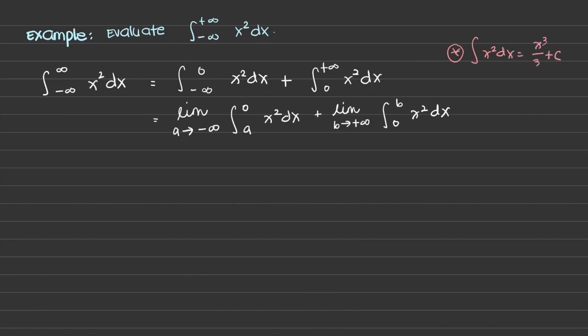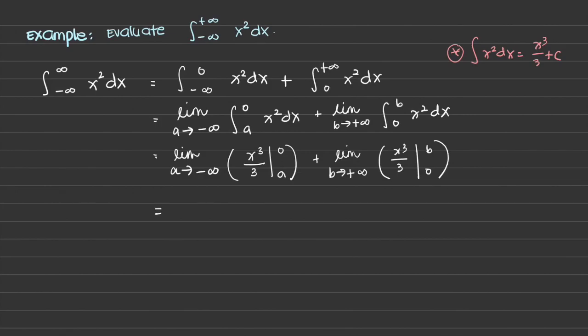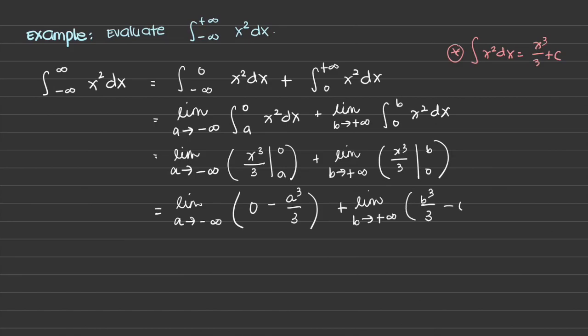So, you first have yung limit as a approaches negative infinity ng x cubed over 3 evaluated from a to 0. And then, plus the limit as b approaches positive infinity ng x cubed over 3, now evaluated from 0 to b. So, you have, first, the limit as a approaches negative infinity ng 0 minus a cubed over 3. And then, plus the limit as b approaches positive infinity ng b cubed over 3 minus 0.